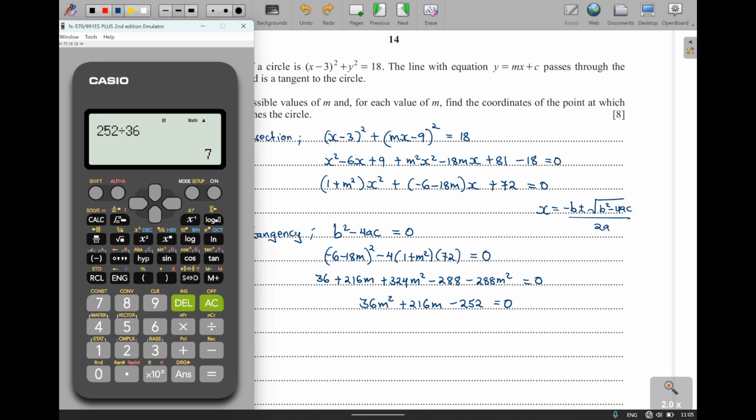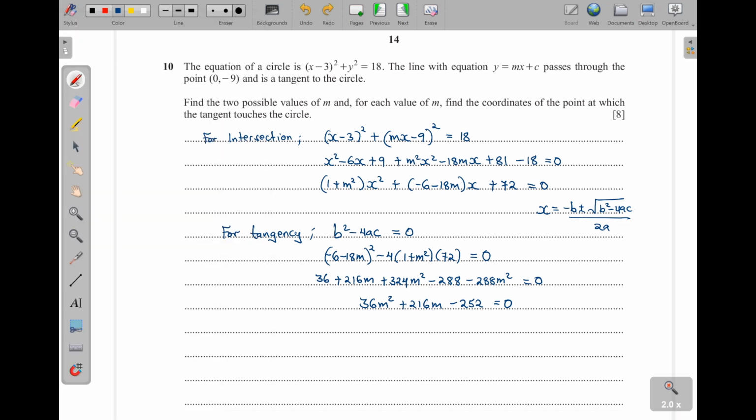So meaning, when I divide all through by 36, I can have m squared here, then plus 6m, and then minus 7 here. Two numbers that multiply to give me negative 7, but when I add them, they give me 6. That has to be a 7 and a negative 1, right? So meaning we shall have (m plus 7)(m minus 1) equal to 0.